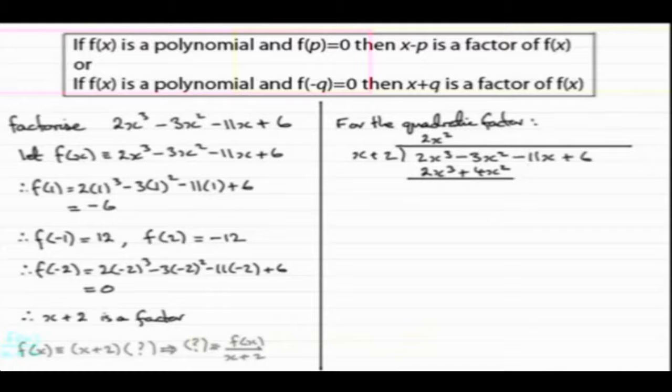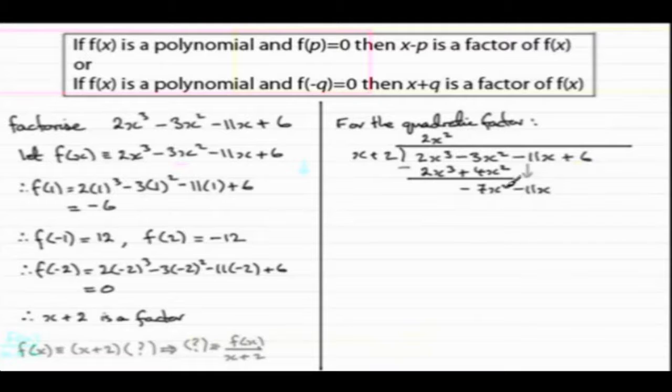Subtract to find out what the remainder is here. So you've got 2x cubed minus 2x cubed, that's 0, minus 3x squared plus 4x squared is minus 7x squared. Bring down the minus 11x.